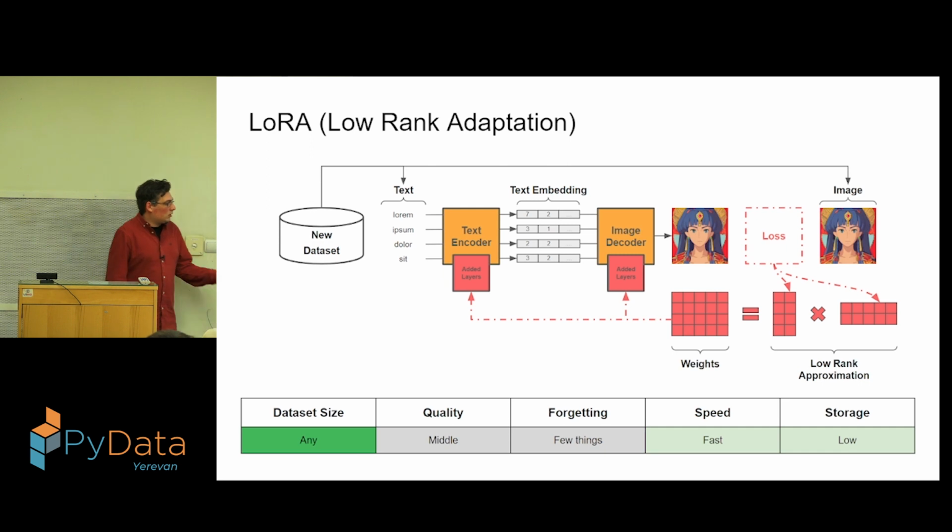So this is a large trade-off between three different things. The first is your dataset size, which represents the amount of new information that you try to inject into your model, and then the speed and storage.